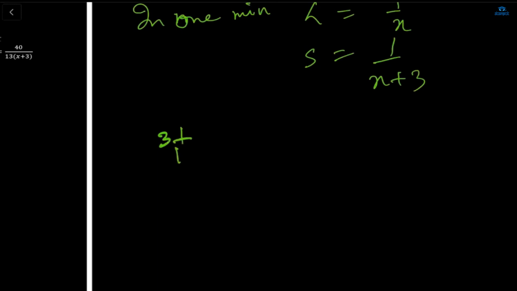Together they fill the complete tank, so 40/13x plus 40/13(x plus 3) is equal to 1.